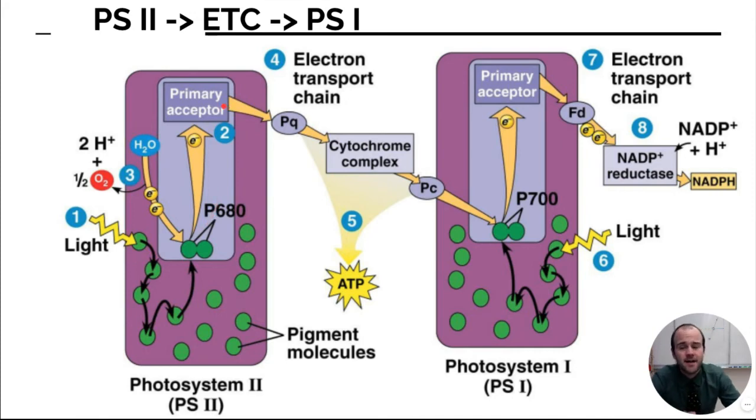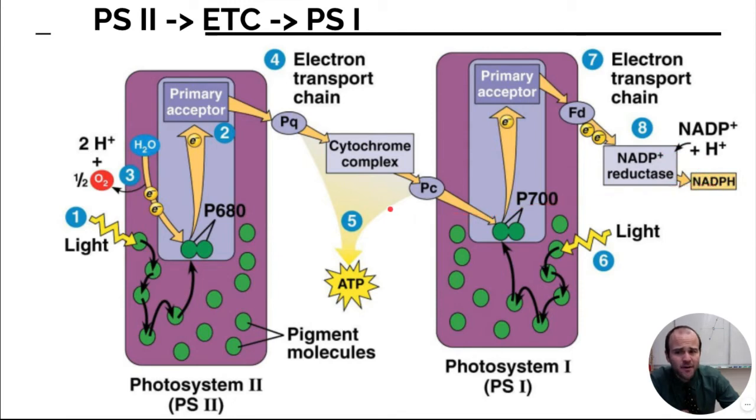In their heightened energy state, they go through an electron transport chain through the thylakoid membrane, producing some ATP along the way. We'll talk about how that works. Then it goes to photosystem 1, which is another protein involved in harnessing light energy, focusing it on P700 chlorophyll, which excites those electrons, and then that is used by an enzyme to make our electron acceptor NADPH.